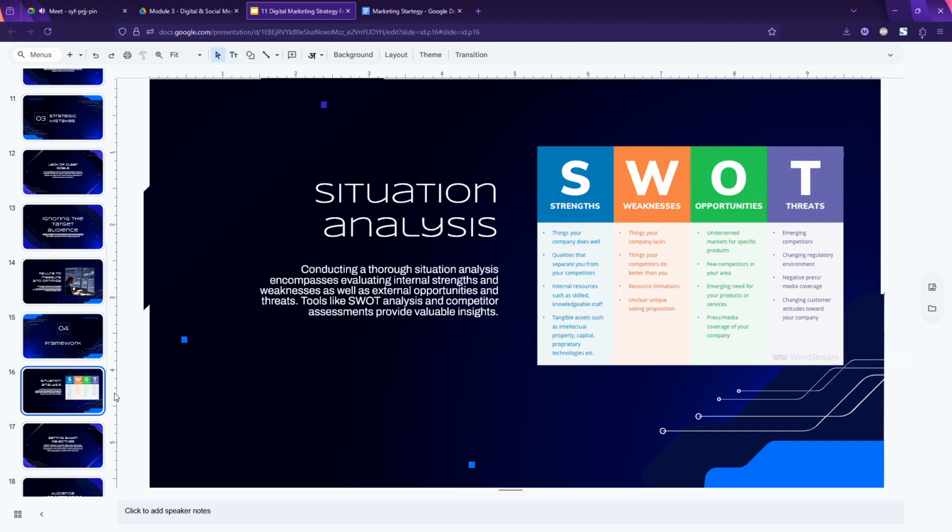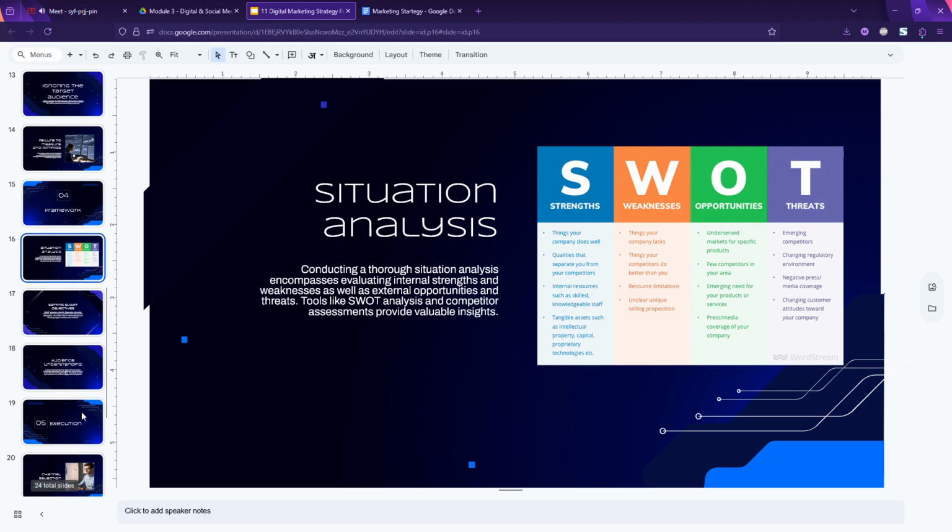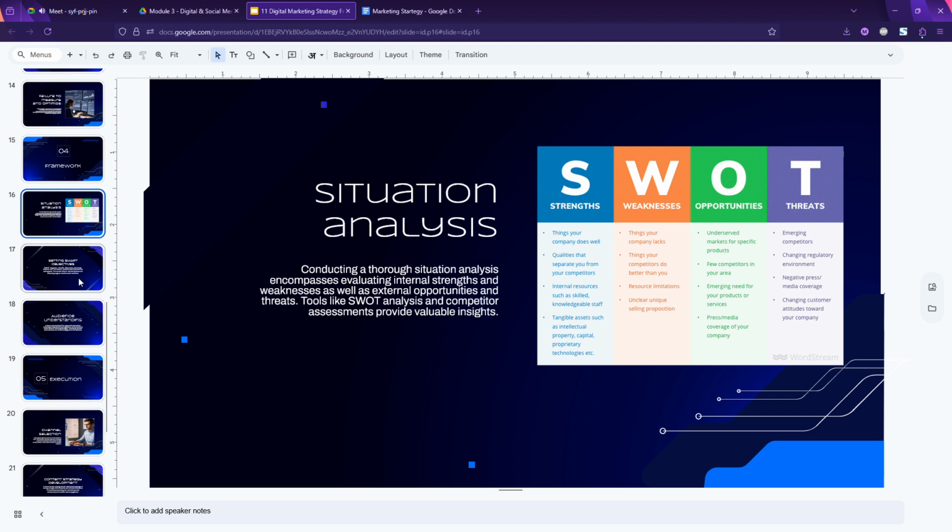So the framework. In the framework, there's SWOT analysis. SWOT analysis is a sort of examination that we do.